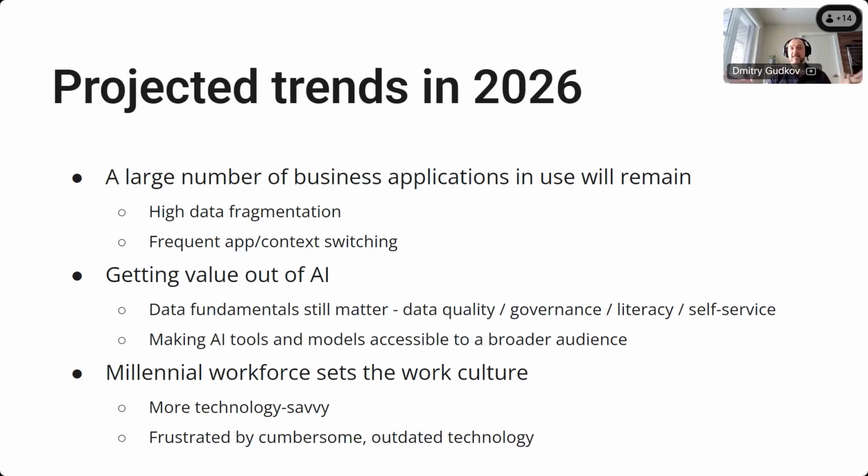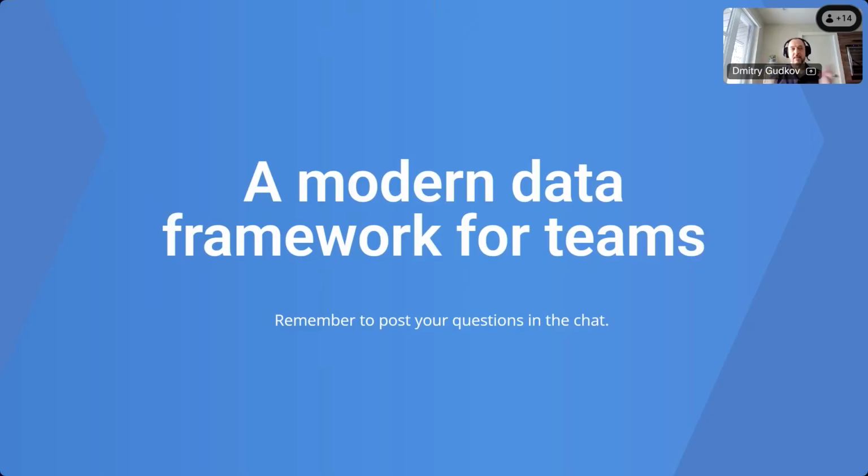So what can we, as a company, do? What can we offer to address these trends and challenges that we see next year? Today we want to present and demonstrate a data framework for the future.